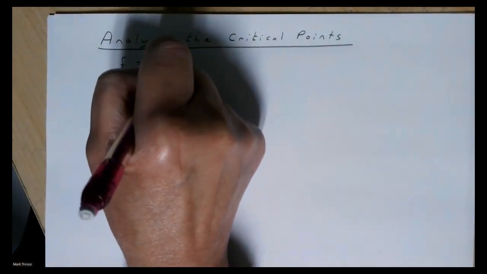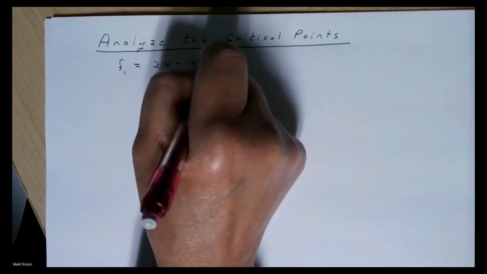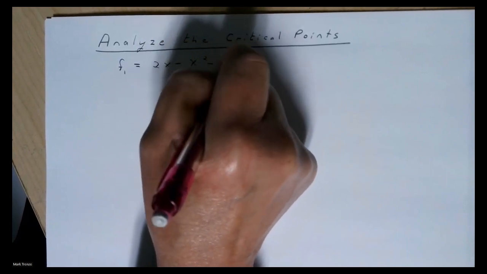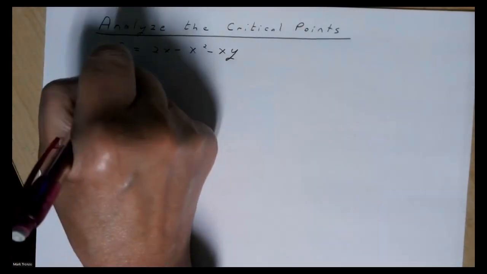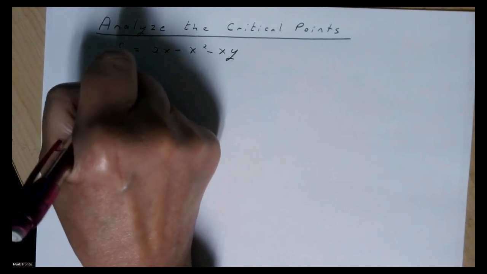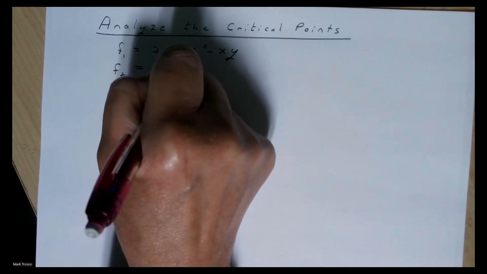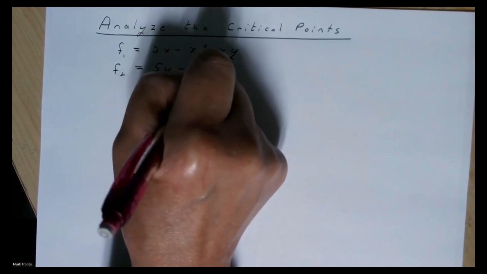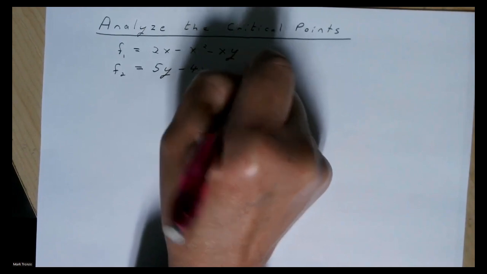That was 2x minus x squared minus xy. And call the other equation F2. That was 5y minus 4xy minus y squared.